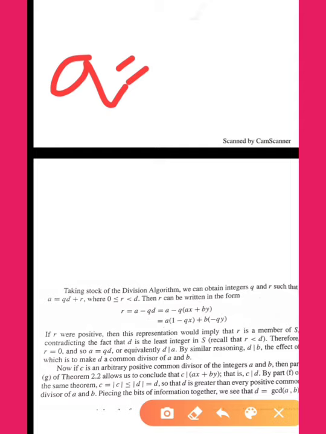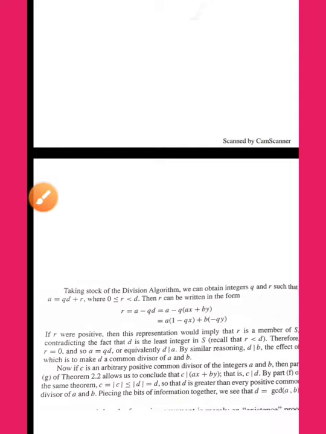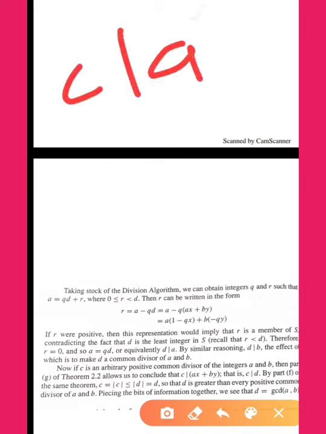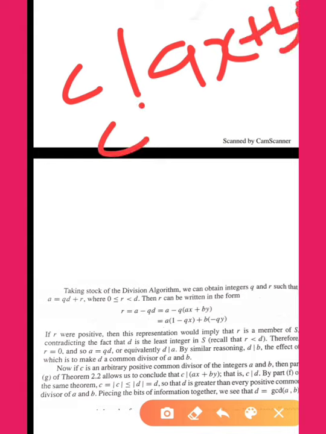Now suppose c is any common divisor of a and b. Then apply the property that c is a divisor of ax plus by. That means c is a divisor of d, so mod c is less than or equal to mod d.